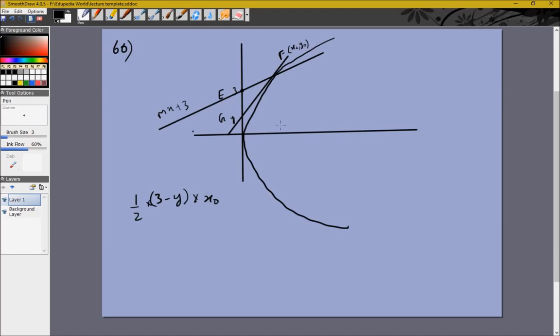But before that, we can find out a couple of things. This point F is the intersection of this line and the parabola.